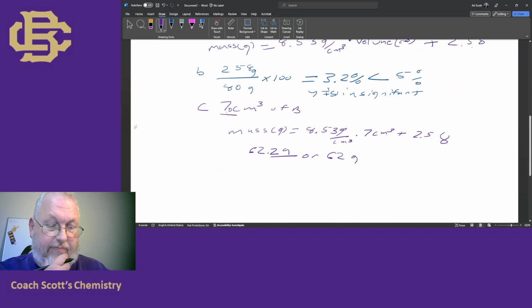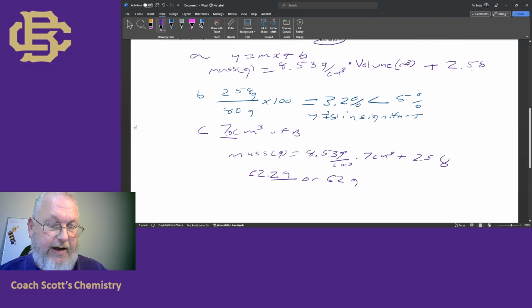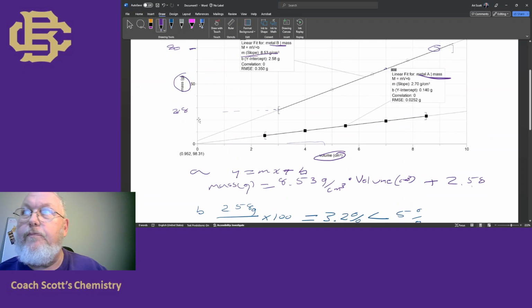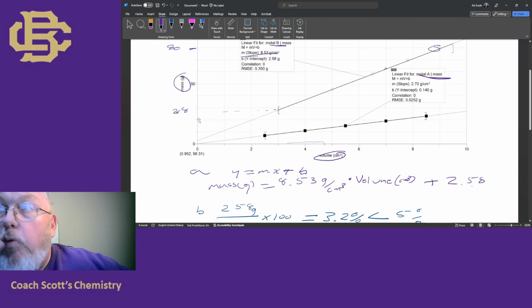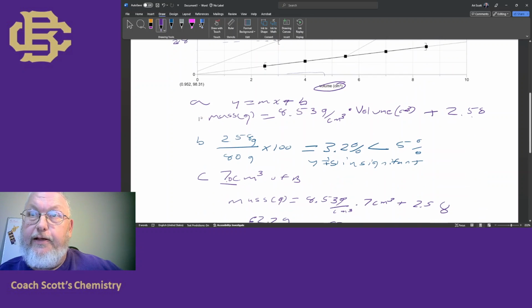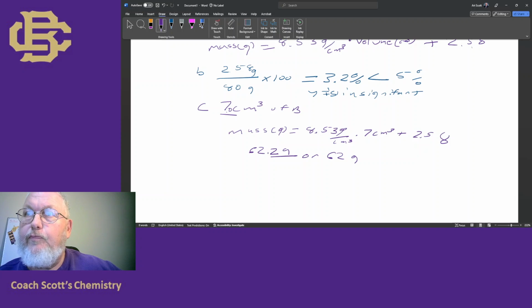Now let's think. Who's going to have the more volume? 100 grams of A or 100 grams of B? 50 grams of A or 50 grams of B? Who's going to have the more volume? Well, I can do 2 things. I could calculate it. Let's do that, a rough one. I can say 100 grams equals the slope.